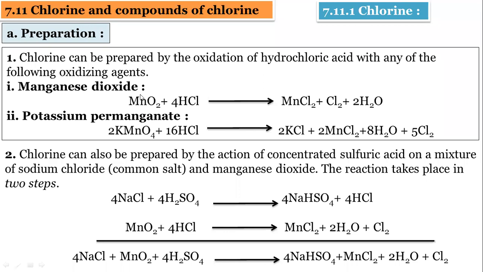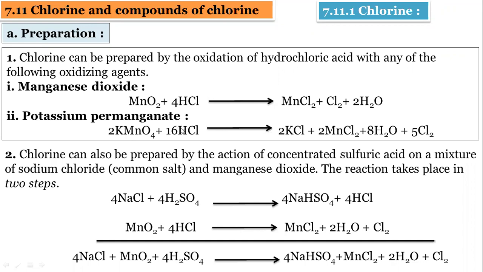This is manganese dioxide, MnO2 plus HCl. MnO2 plus HCl gives MnCl2 plus Cl2 plus 2H2O. Here chlorine is prepared. Again, it is also prepared by using potassium permanganate, 2KMnO4 plus 16 molecules of HCl.